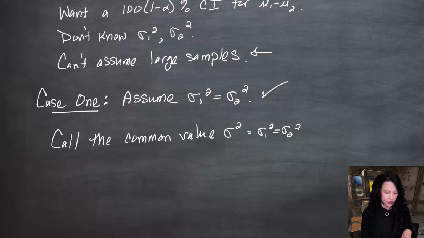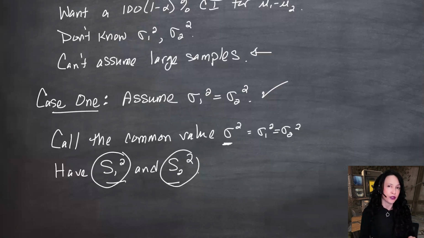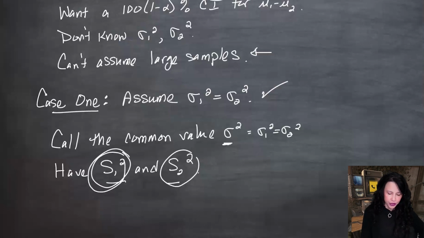And so we're going to use sample variances, S1 squared and S2 squared. And these are both trying to approximate the same sigma squared, because this is an approximation for sigma 1 squared, and this is an approximation for sigma 2 squared, but we're assuming they're equal, and we're just calling the common value sigma squared. But we end up with 2 sample variances from the different samples.